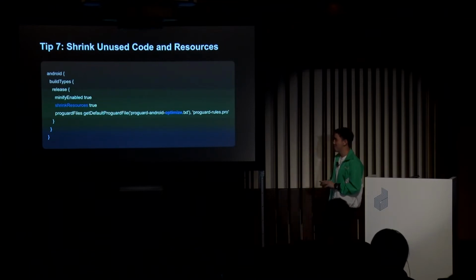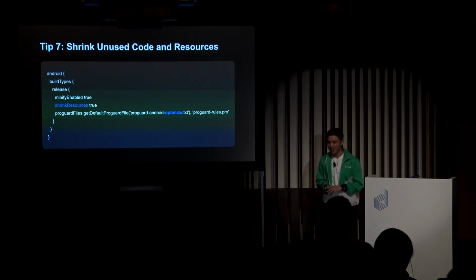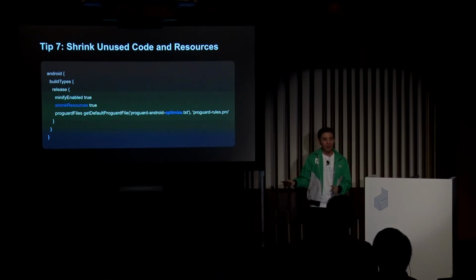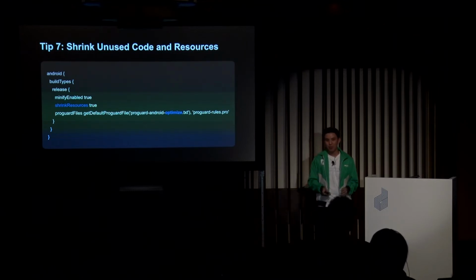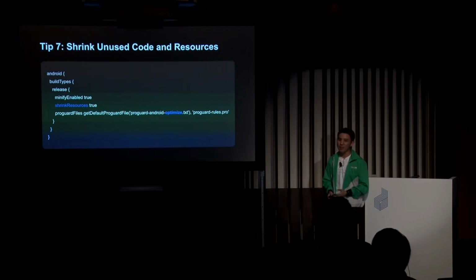Next is tip 7, which is to shrink unused code and resources. For this tip, I think if you are an Android developer, you know the minifyEnabled property here, right? By default, when you create an application in Android Studio, the minifyEnabled property is set to false. But I think most of you set it to true, for the smaller size or maybe for security reasons; it will minify and obfuscate your source code.